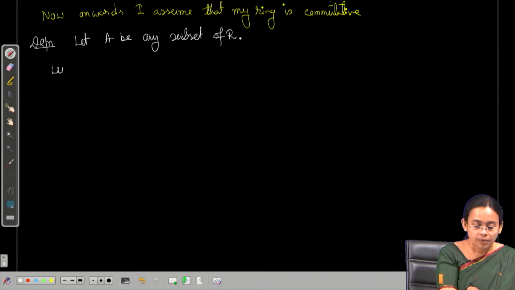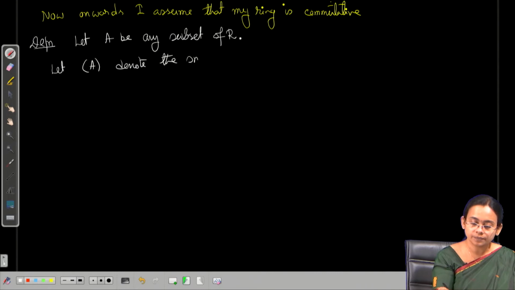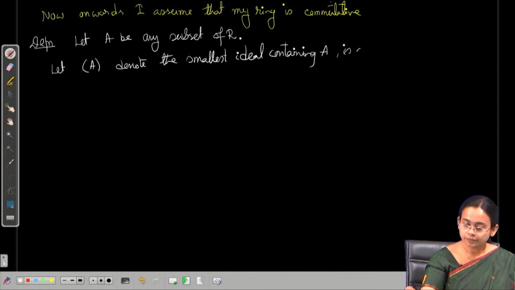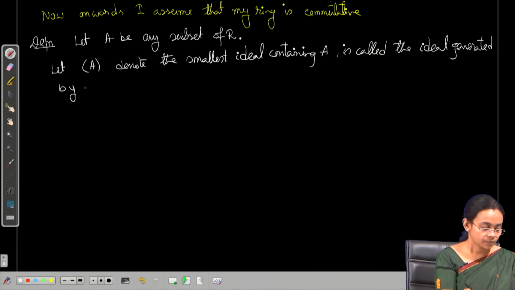By this notation I denote the smallest ideal containing A, which is called the ideal generated by A.